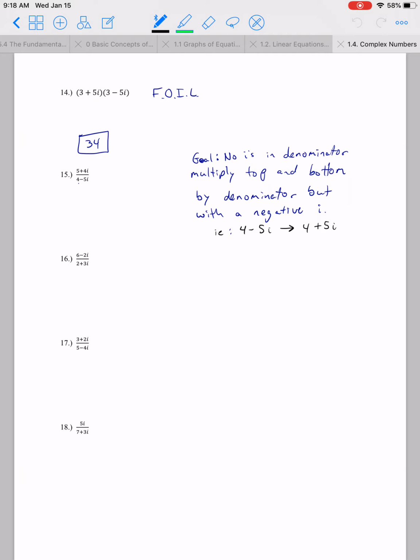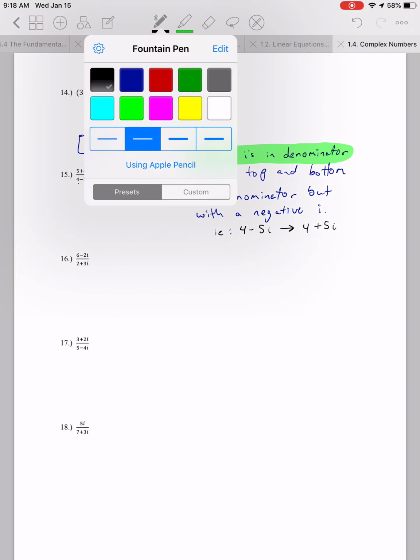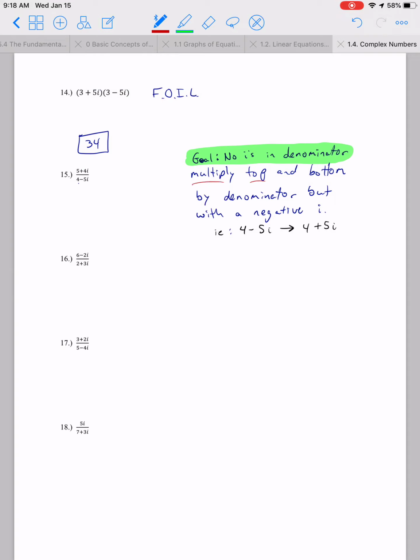So when you get to these ones with fractions, your ultimate goal is to simply have nothing complex, nothing imaginary in the denominator. You want a real denominator. And the way you do this is you multiply both the top and bottom by the denominator, but with a negative sign for i.